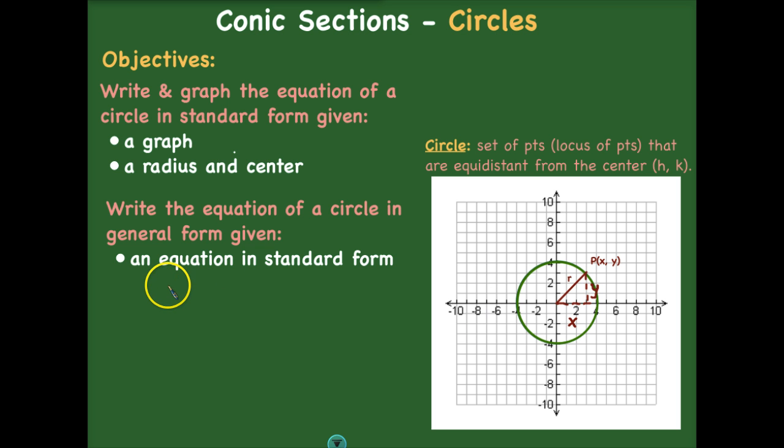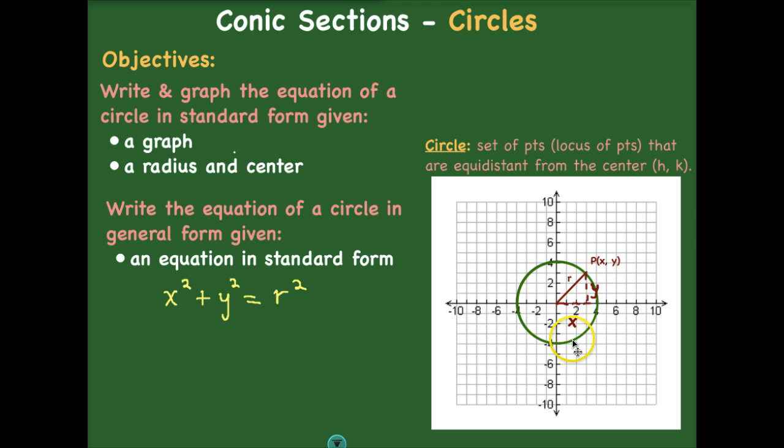But in this case, our a is x, and our b is y, but our c is just the radius, so r squared. And this is the standard form of a circle without any transformations for the center.